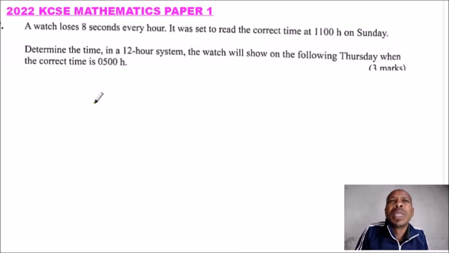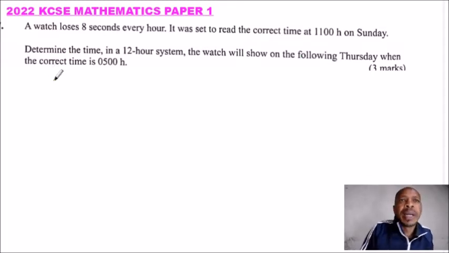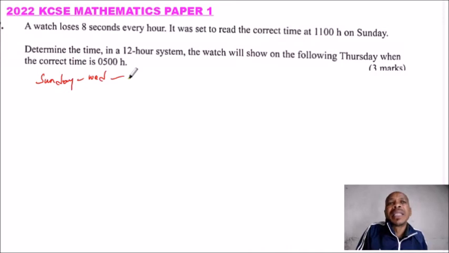Now, to do this, we need to count the number of hours from Sunday at 11:00 hours to Thursday at 5. So from Sunday to Wednesday, we have up to Monday 11, that is one day, Tuesday 11:00 hours, and Wednesday.